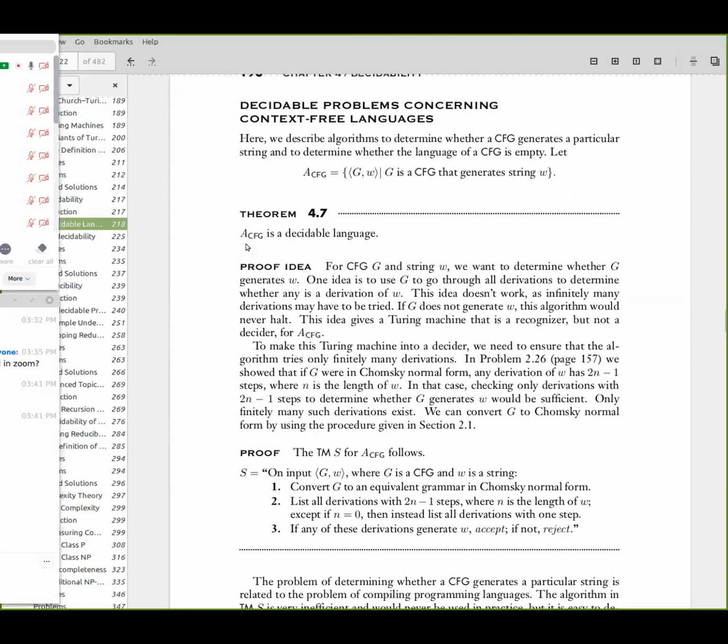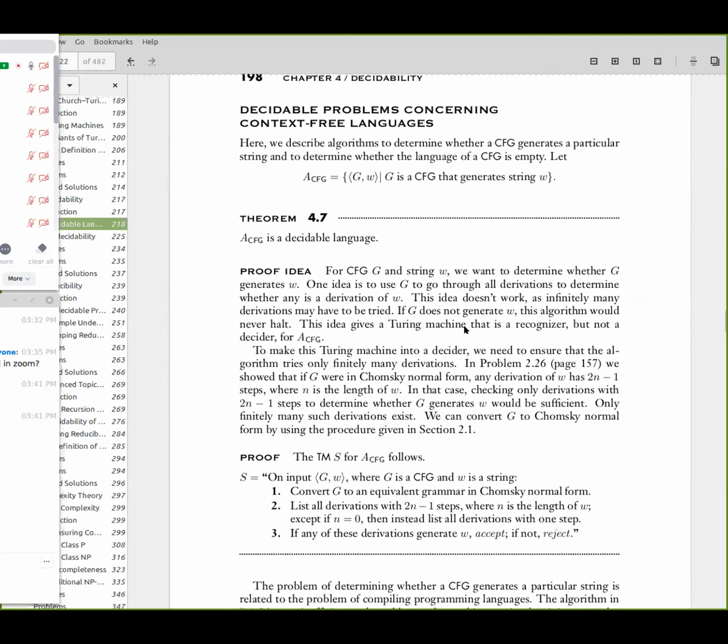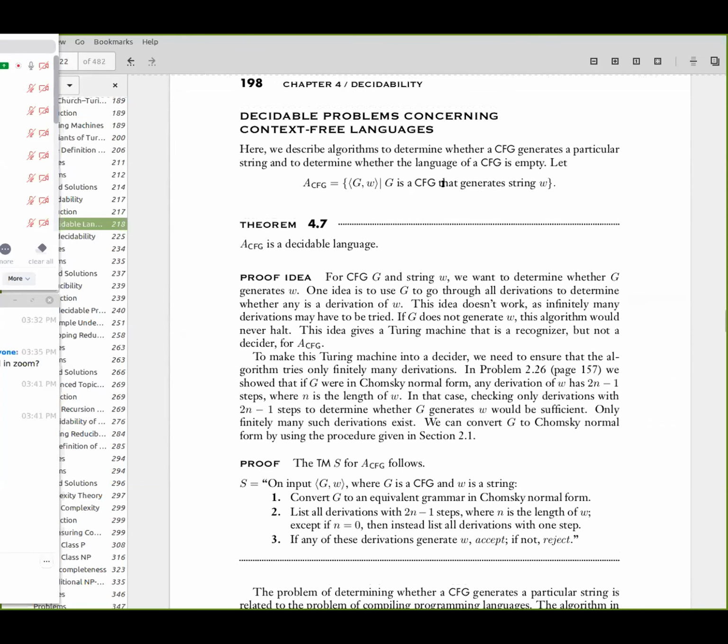There are algorithms on context-free grammars that are decidable. ACFG is you give it a grammar and a string, and you ask whether or not the grammar generates that string. So this is important. This is a general CFG. It's not the deterministic CFGs that we worked with, that we made parsers for in the current homework.